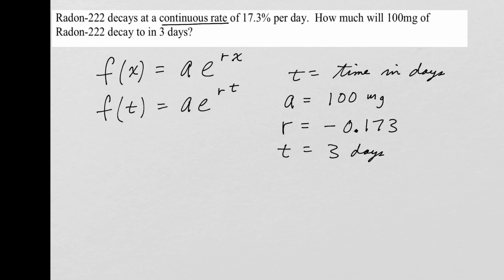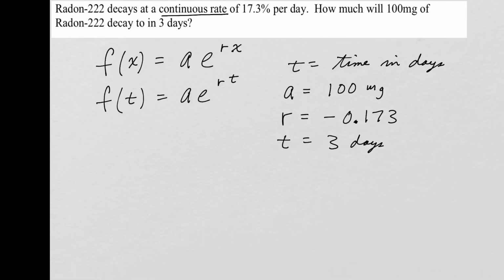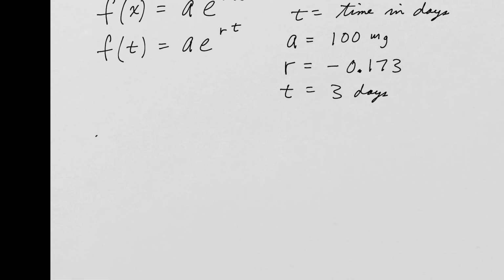All right, so now all we have to do is really plug in, right? So we have f of 3 is equal to 100, e to the negative 0.173 times 3. So this definitely you have to do in your calculator, right?